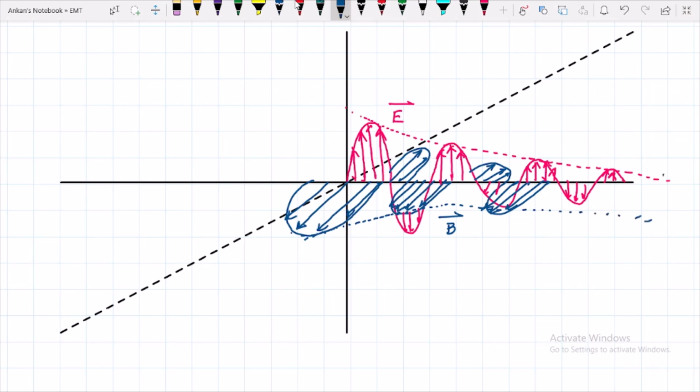This way. So the electric field and the magnetic field, let me denote this as y-axis, this as z-axis, and this as x-axis.